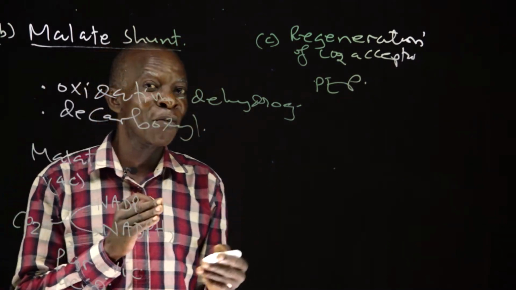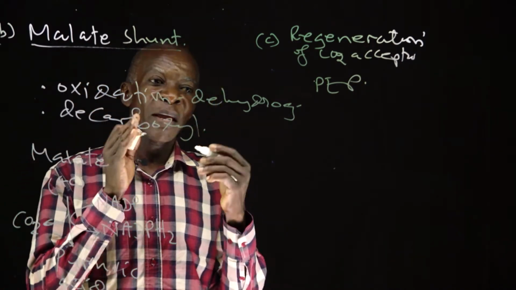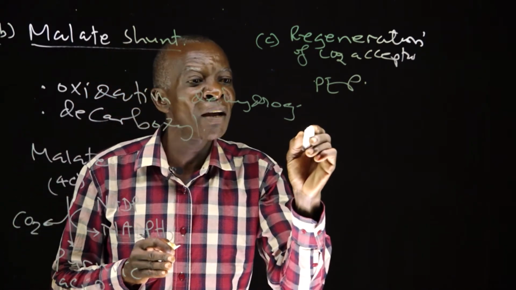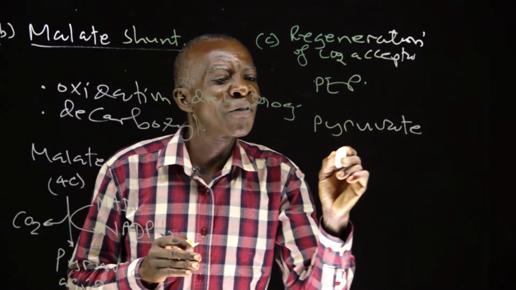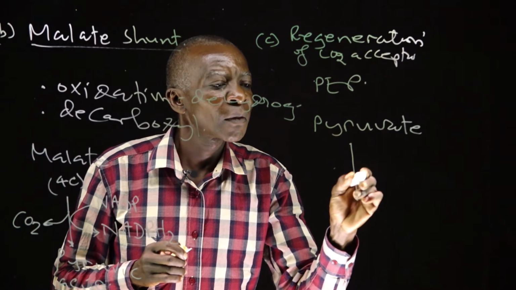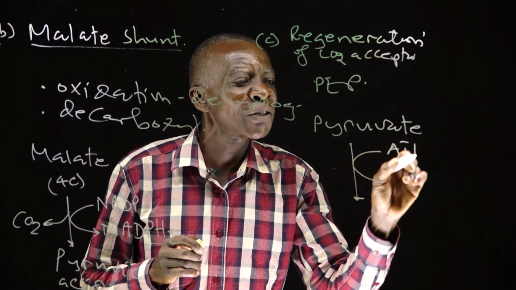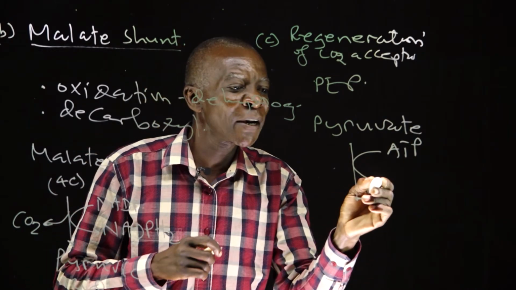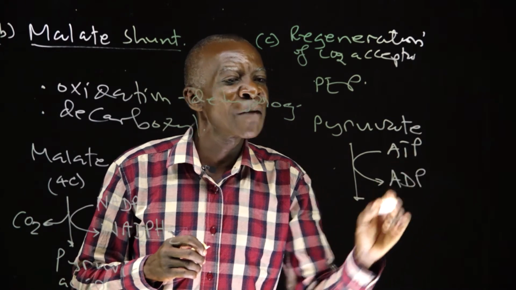There is an addition of an inorganic phosphate. And this inorganic phosphate comes from ATP. So we have pyruvate. This is phosphorylated by an inorganic phosphate from adenosine triphosphate. Take one inorganic phosphate, then here we have ADP.